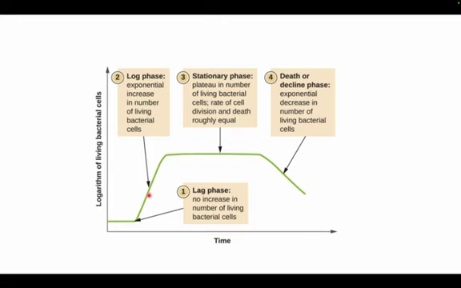You might have heard that you grow your culture to an optical density of 0.6 or 0.8, and then you induce it. That's because the culture has reached the log phase, and that's a good time for the cells to start producing protein.